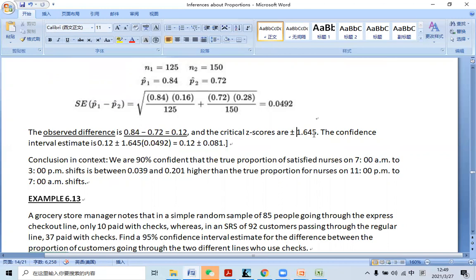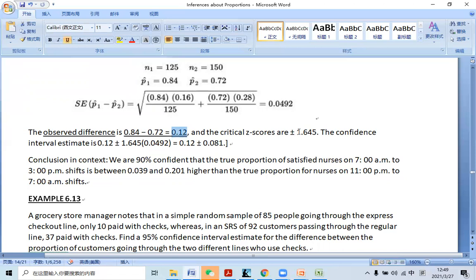And then these two z-scores will give you the margin of error. You want to convert these two z-scores into a raw score of proportions, the differences between the two proportions. So you have a z-score and you have the mean, the average difference in proportions.